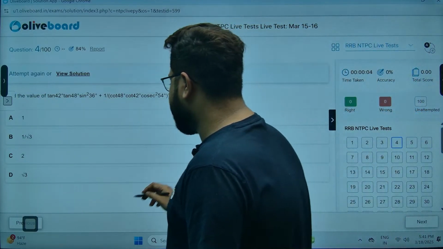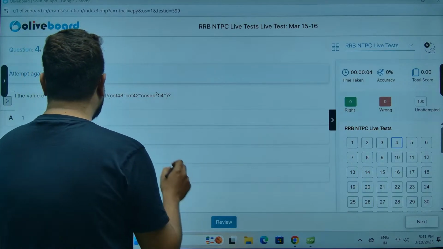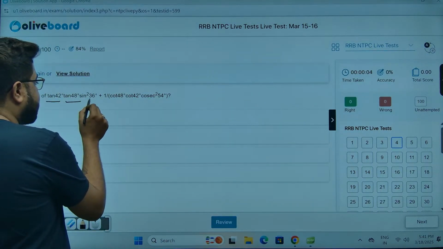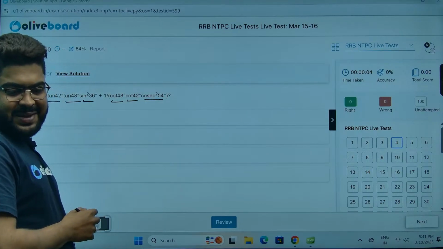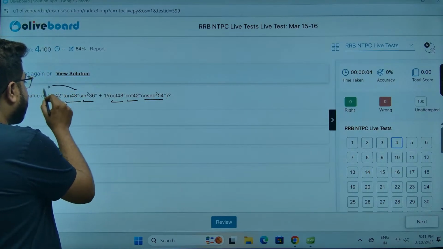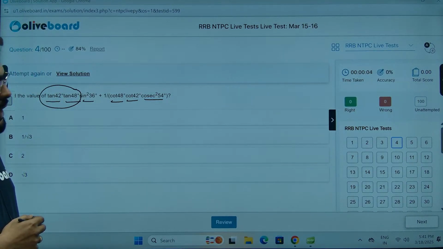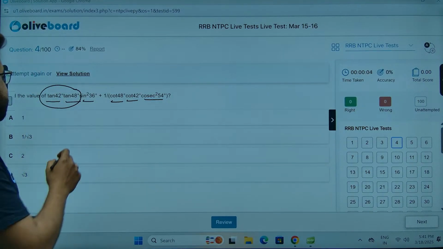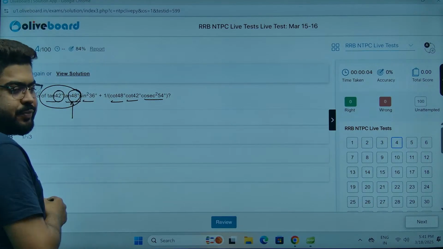Trigonometric question. Question based on trigonometry, sir. Let's see. Tan 42, tan 48, tan 36, tan 48, tan 42, tan 54. Okay, sir. So tan 42 and tan 48, whenever I'm seeing this, I'm getting one thing in mind: 42 plus 48 is 90.